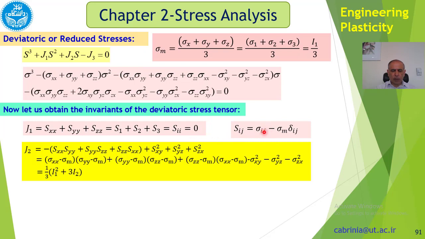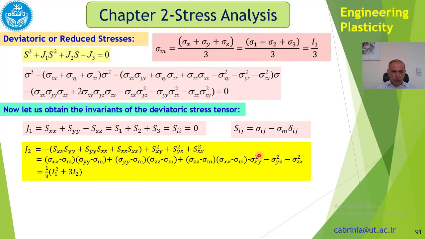Sxx is sigma xx minus sigma m, Syy is sigma yy minus sigma m, and similarly we write down all of these. Obviously, these don't have any components for the hydrostatic pressure, because i is not equal to j, and therefore delta ij is 0. So we would have only sigma ij, which is Sxy, Syz, Szx, here of course to the power of 2, all of them.